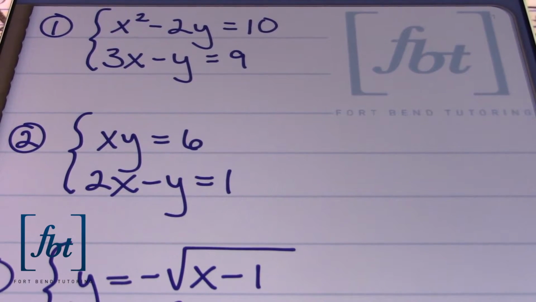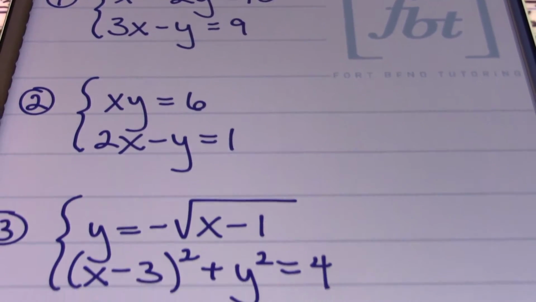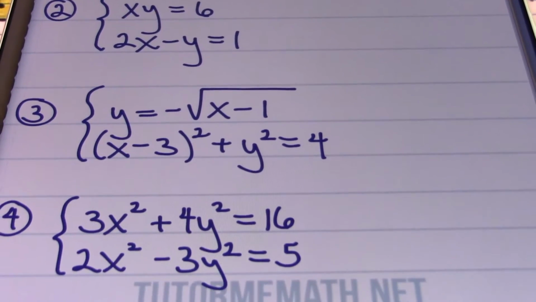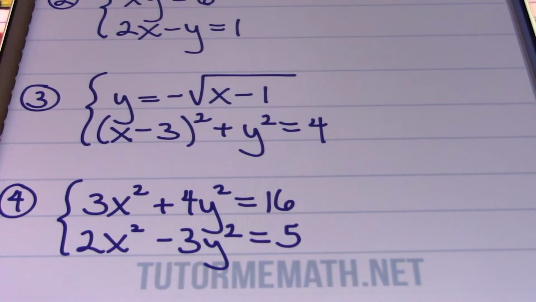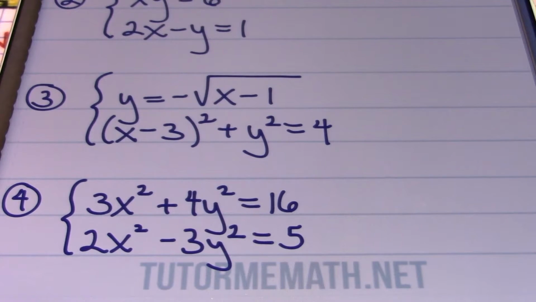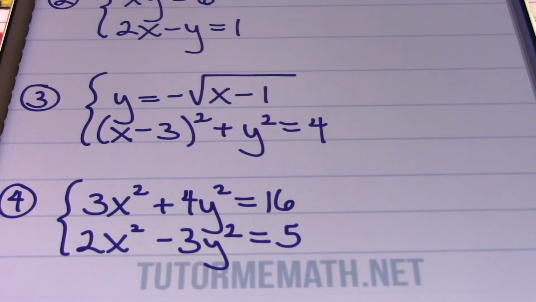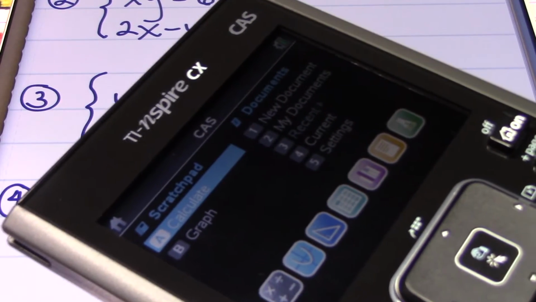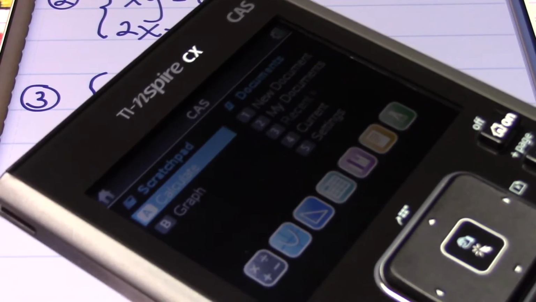And we have a snapshot of the problems that we'll be covering. Number 1, number 2, number 3, and there you go, number 4. However, there are actually 5 problems in this video. And as a bonus, we'll be verifying each one of our problems with the TI-Nspire CX CAS from Texas Instruments.